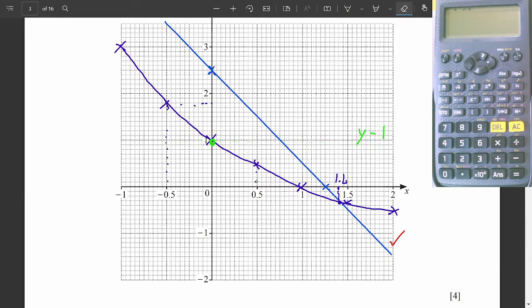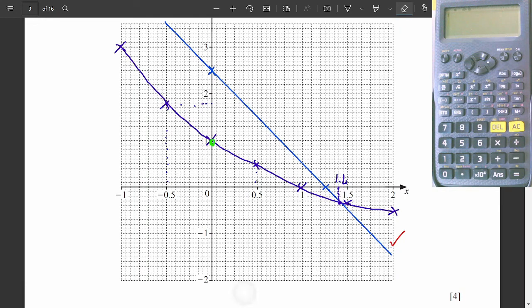Okay, now where do I have no solution? Then the answer is down here. Okay, if I were to draw a line here, remember we're only looking at the original graph, not the straight line we drew in question 2b. Okay, these 2 lines don't cross.